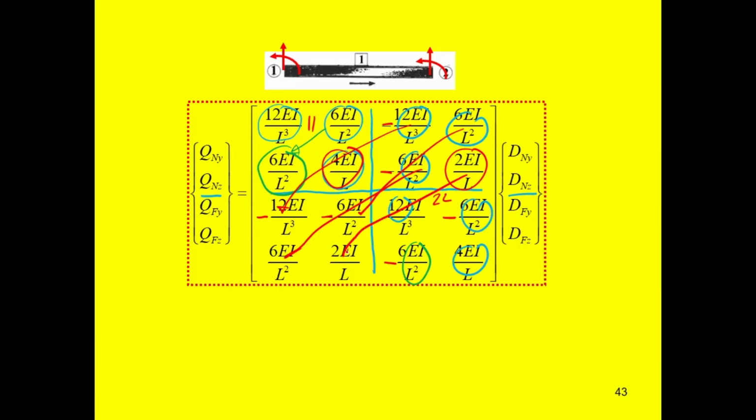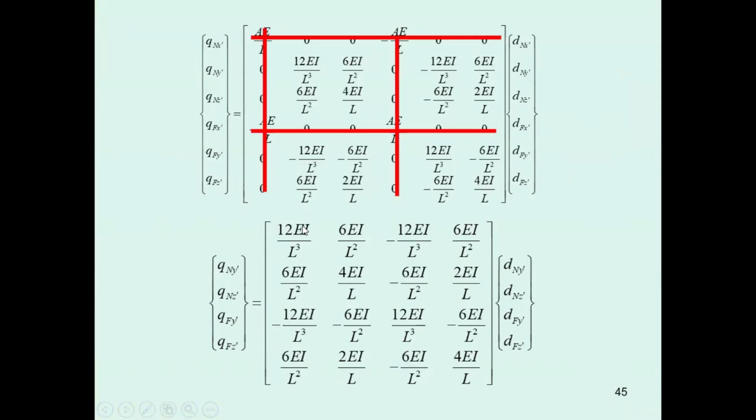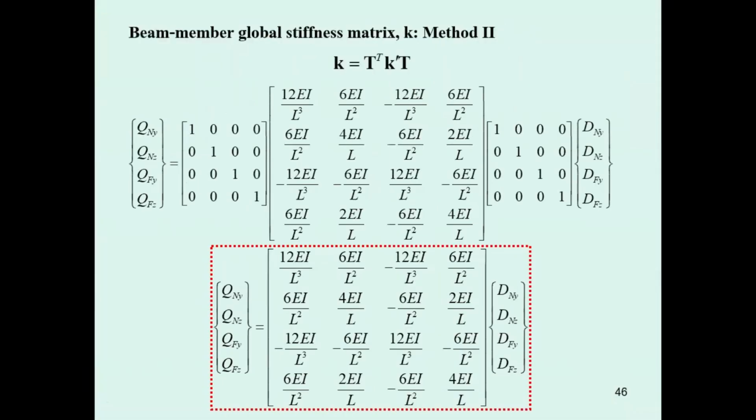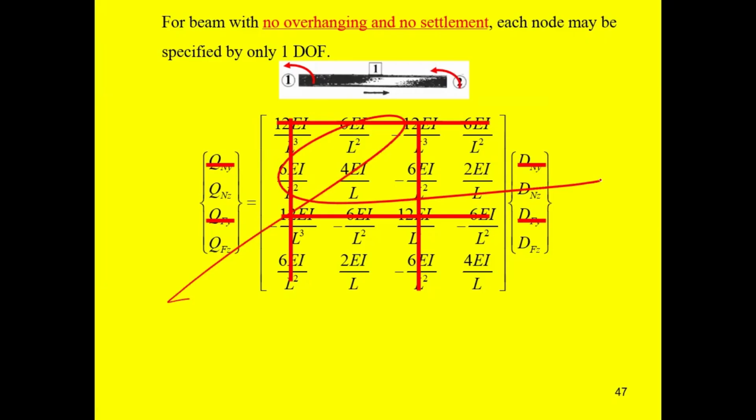Okay, just try to do it by yourself. You will use the toolkit, and this one won't be tough. Now, this second method I can skip. It is going to get the same result as this one. And for the overhanging beam and no settlement, sometimes you may reduce the vertical deformation, and then the small k matrix is going to be easy, but we won't consider this one in our study.